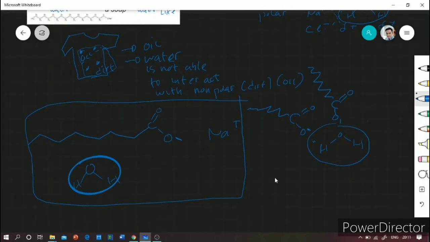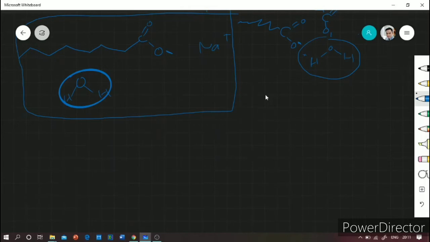If you look at the soap perspective, what will happen is they will hide. So this is the hydrophilic side, and then another hydrophilic side, for example, like that, another hydrophilic side.